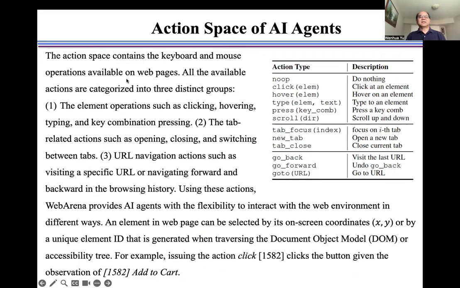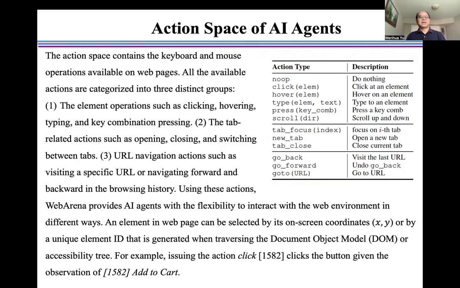The action space contains the keyboard and the mouse operations available on web pages. All the available actions are categorized into three distinct groups, as shown here. One, the element operations such as clicking, hovering, typing, and key combination pressing.